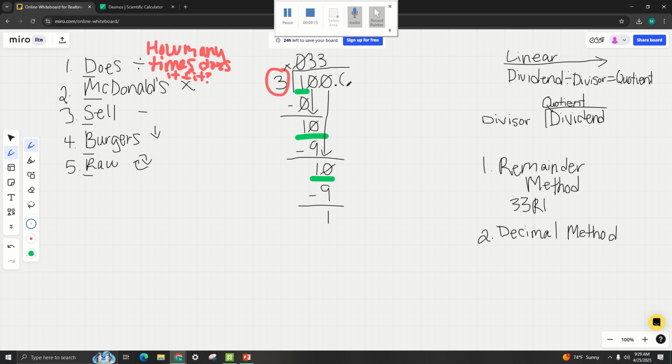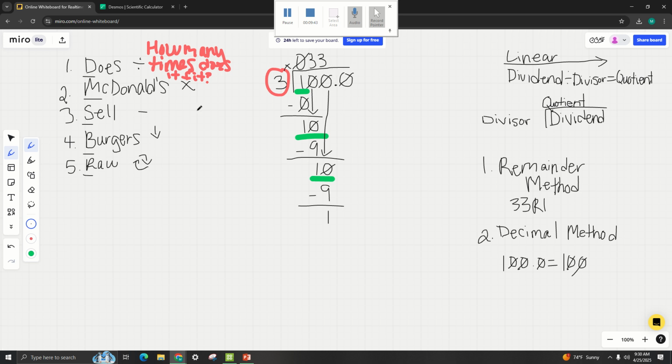So I'm not changing the value of this. 100 is equal to 100.0. They're both the exact same thing. I'm just creating a way for me to represent this remainder as a decimal, which we could also change into the form of a fraction if that helps us more. So this is the exact same thing as 100. I'm not really creating a new number here. I'm just making a way for me to find a decimal.